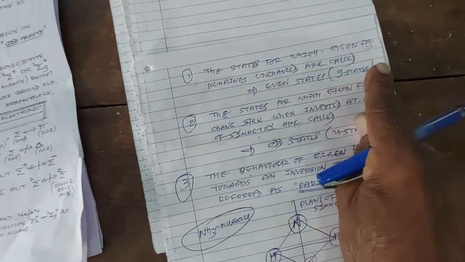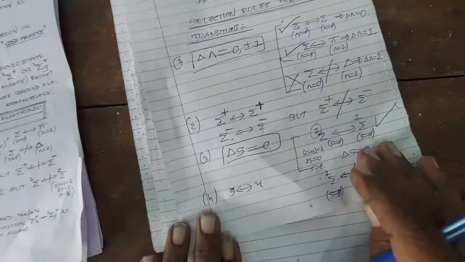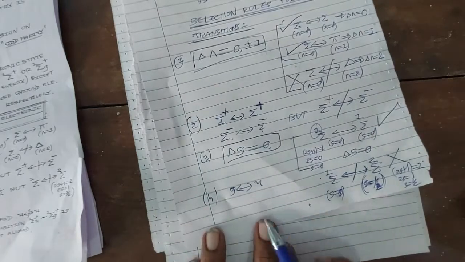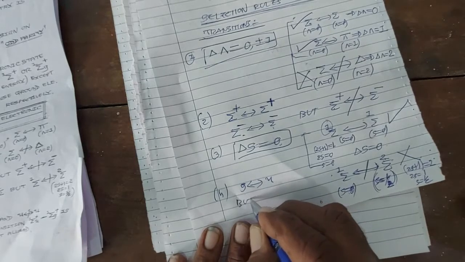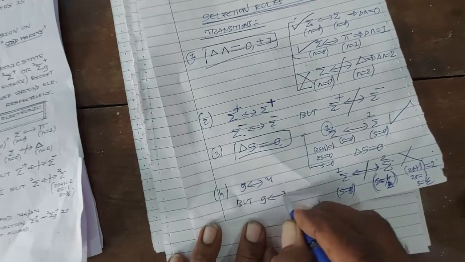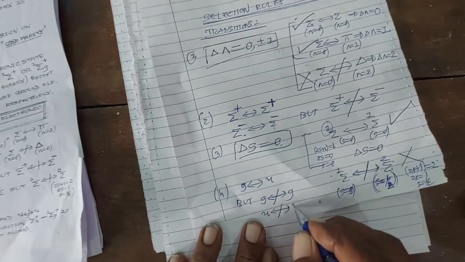So even states are denoted by G states and odd states are denoted by U states. Transition from G state to U state is possible, but transition from G state to G state is not possible, and U state to U state is not possible.